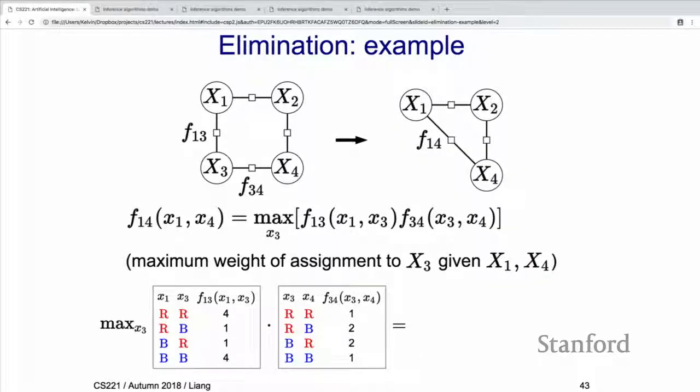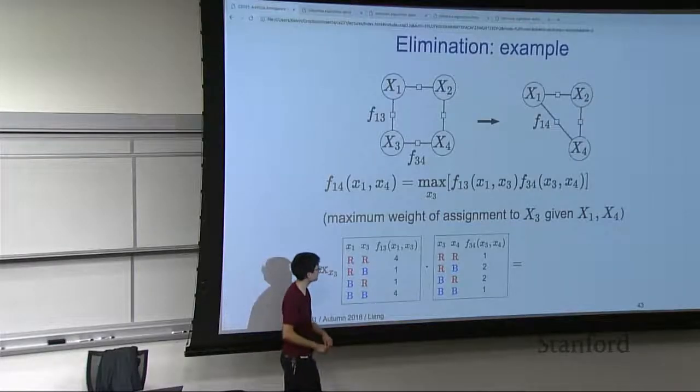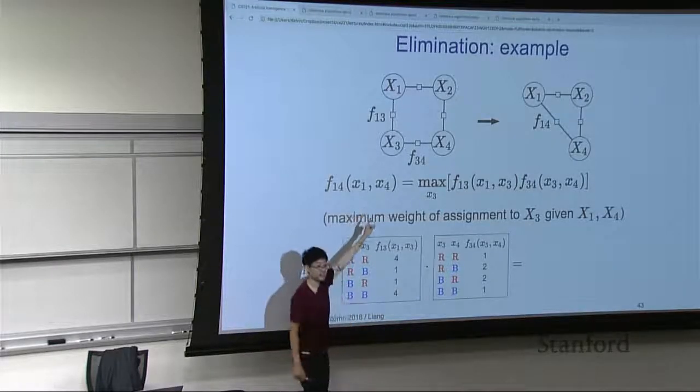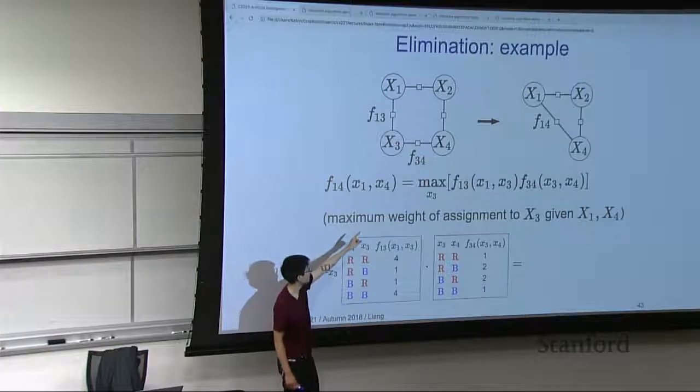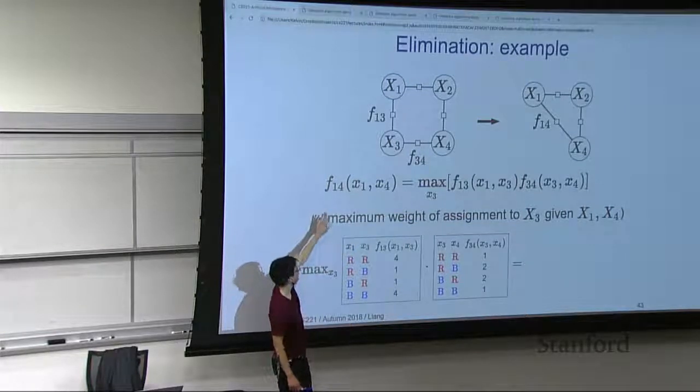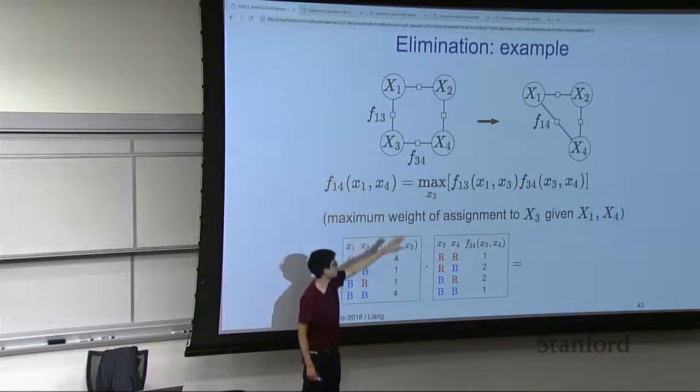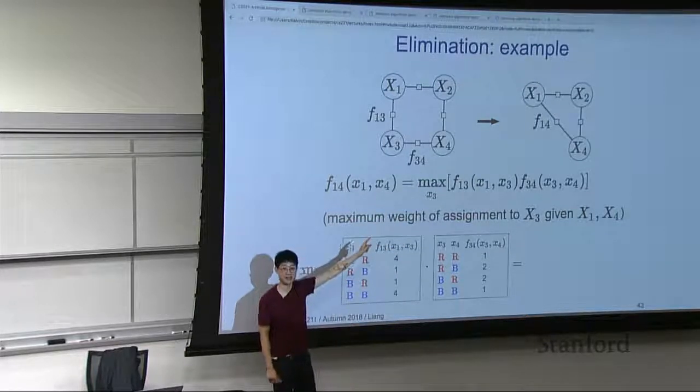Okay, so formally, let's see what's happening here. What is f14? f14 is connected to x1 and x4. And what it's saying is, for any particular value of x1 and x4, the value for this new factor is what we would have gotten if we maximized over all possible values of the deleted variable x3.